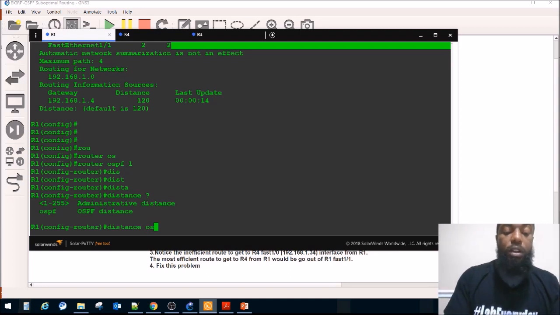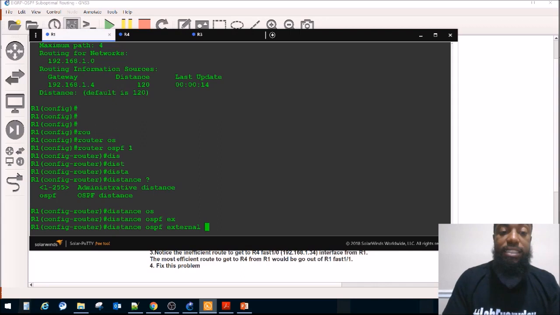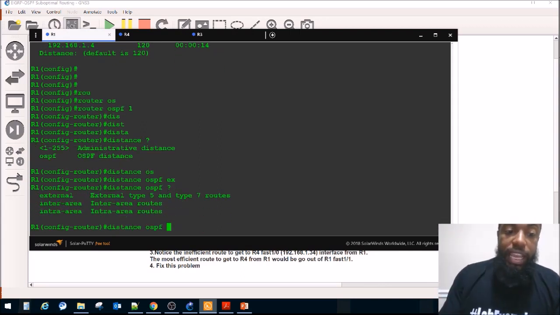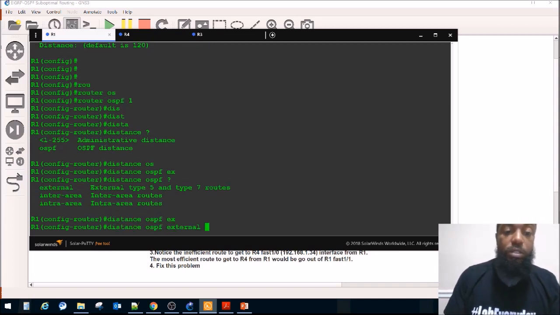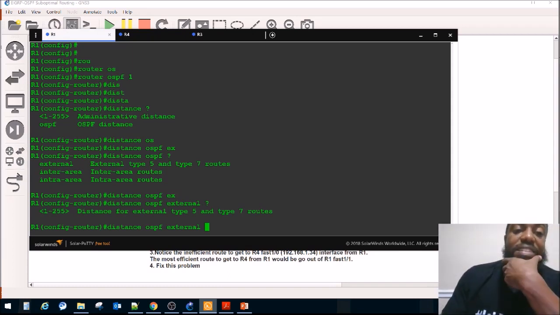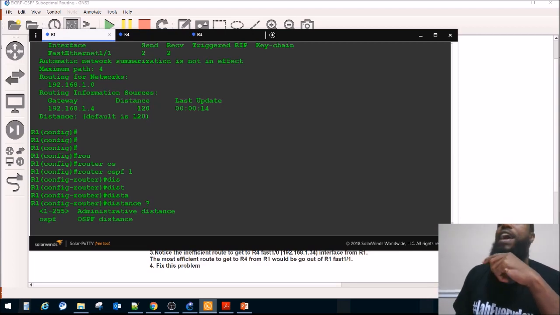This is one way you can do it. We're going to say any OSPF routes that you learn, set the distance. Actually, I'll show y'all real quick. Let's do external routes. Any external routes that you learn, set the AD to something that's higher. To take this route, it's about $5,000 to get there.